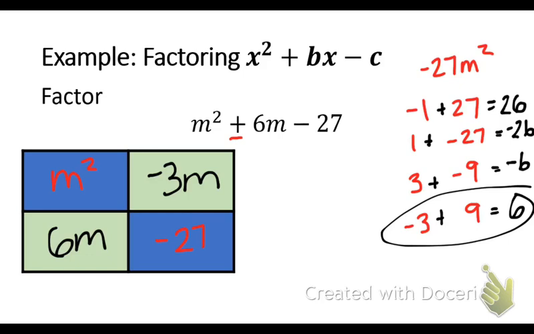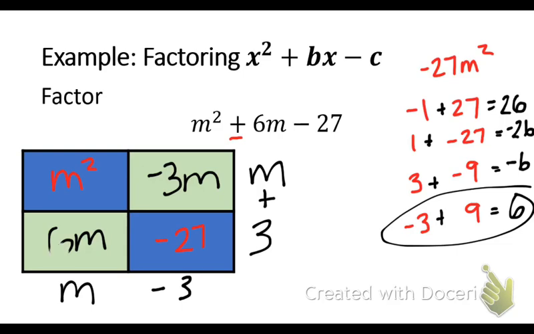So remember, my signs needed to be different, and so I'm going to get an m up top, and I'm going to get a 3 in the bottom, and I'll get an m in the first one, and then I will get a negative 3 in the second one. Well, I wrote a 6 instead of a 9, guys. I'm sorry.